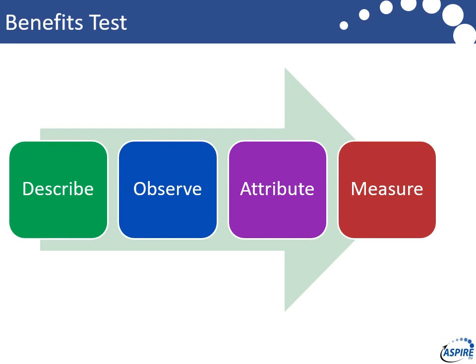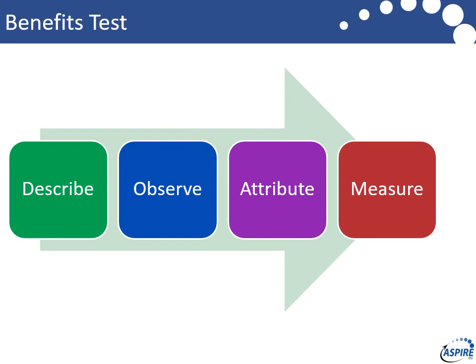So we call it the DOME test, and if we take an example, maybe a public sector one, safer communities: what needs to be in place to make those communities safer? Is it more police? Is it to do with traffic? What is it that you have to remove that's causing the danger? And attribute it. Who's got to deliver it? Is it the police, the fire service? Is it local government?